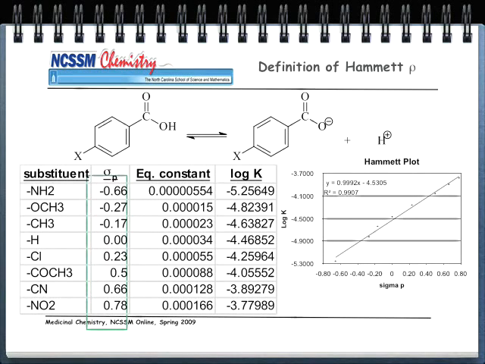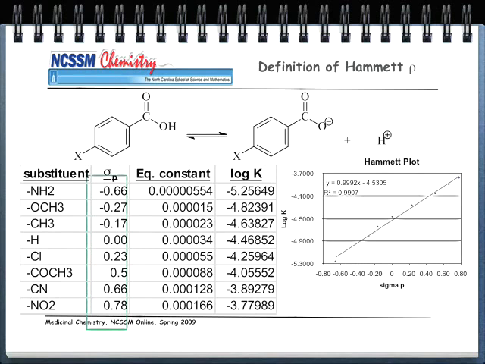What you see there is the sigma value, sigma sub rho. If I substitute an NH2 group where X should be, I get a negative value. Look where the hydrogen is, that's the baseline. If I have an H where X should be, I have a Hammett constant of 0.